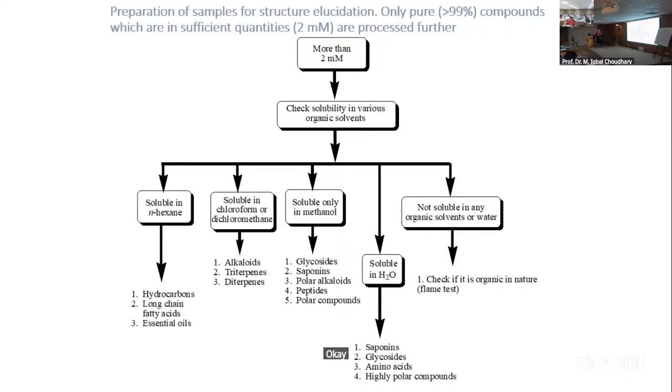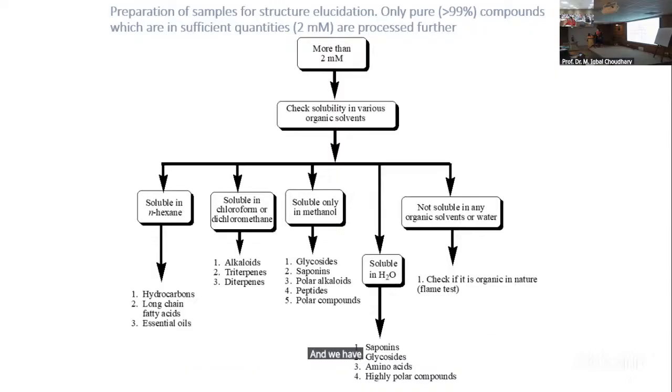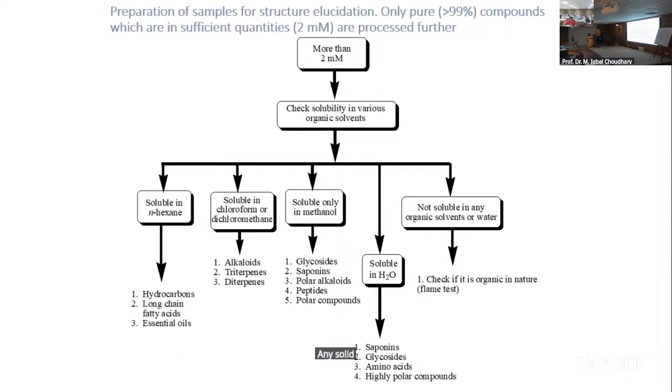Because if your compound is not soluble in the solvent, then, what we are studying so far is solution NMR spectroscopy, and all the NMR equipment we have is solution-phase NMR. We cannot study solids in our institute, and I think in Pakistan we do not have any solid state NMR yet.